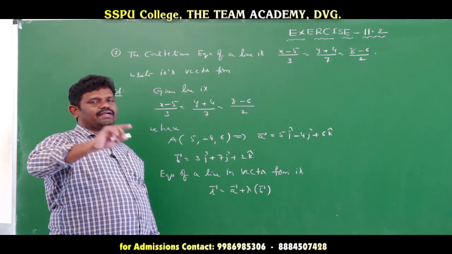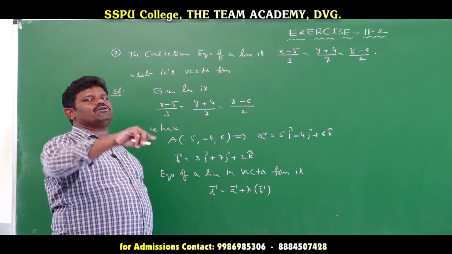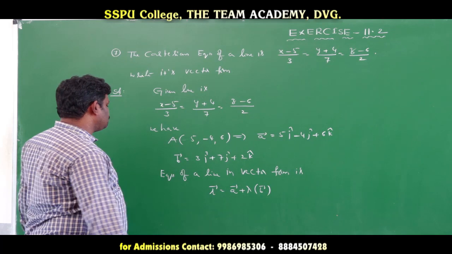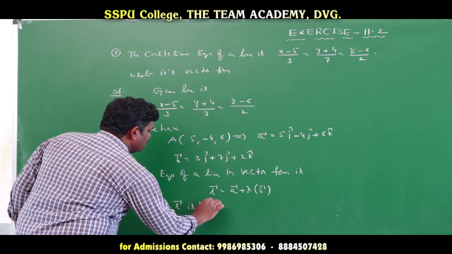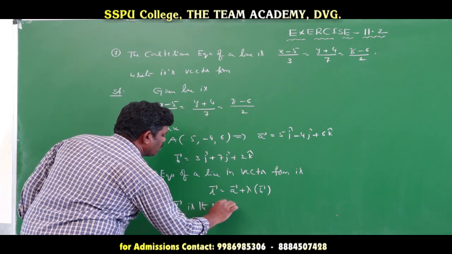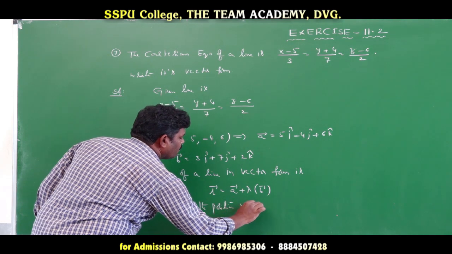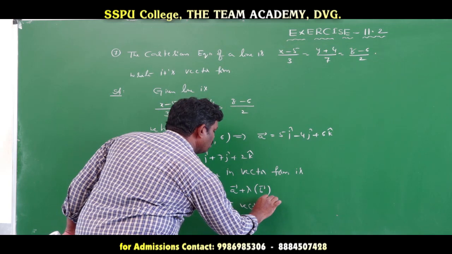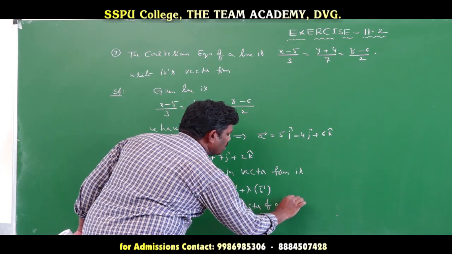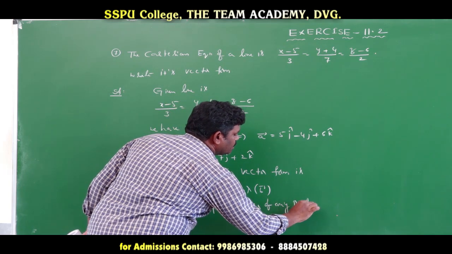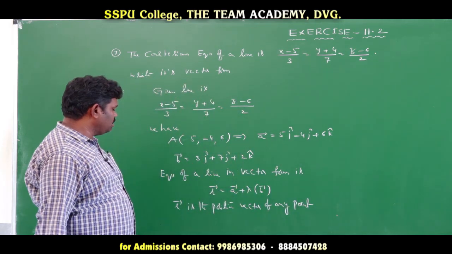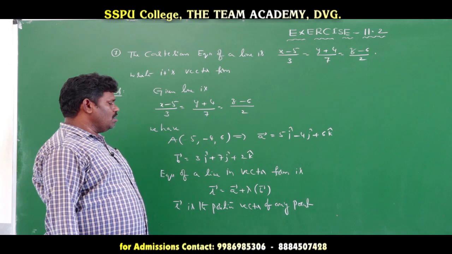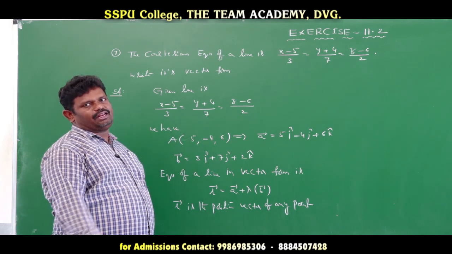R bar is the position vector of any point on the line. Okay, now r bar is the position vector of any point on the line, any point on the line.